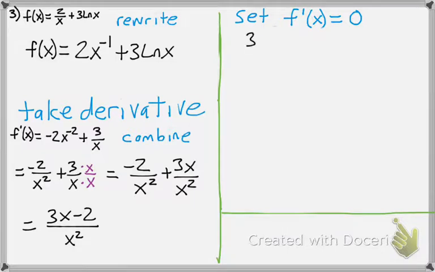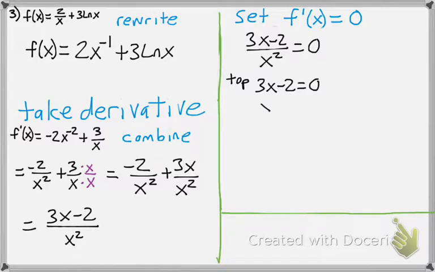So 3x minus 2 over x squared is equal to 0. If we look at the top, we have 3x minus 2 is equal to 0. So x is going to be equal to 2/3.